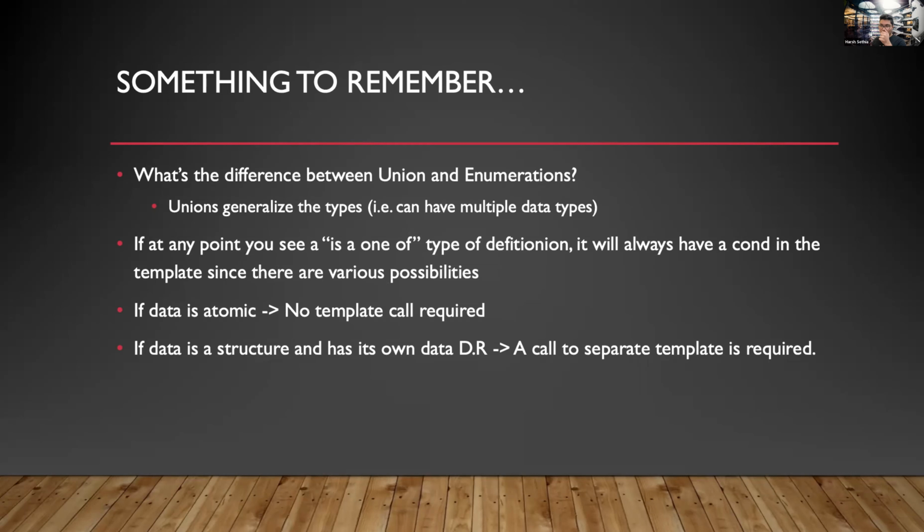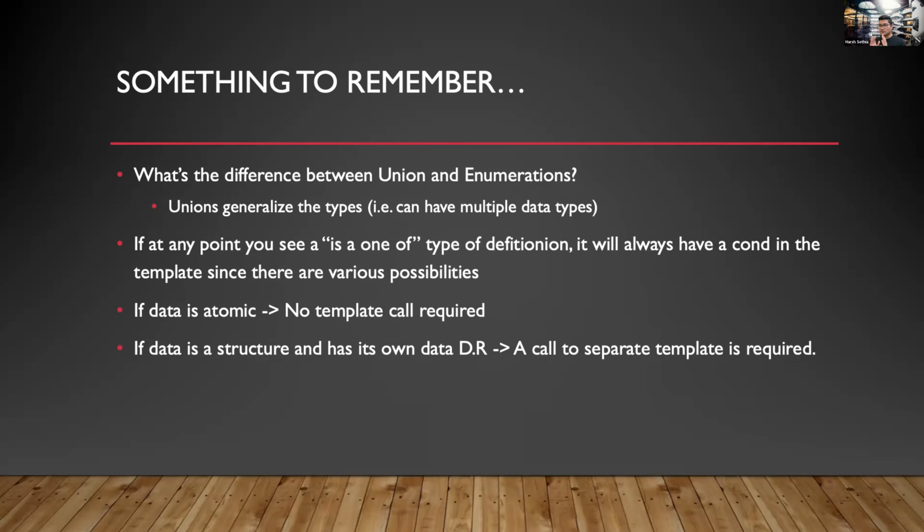But in a union structure, they generalize the types, which means you can have multiple data types. The reason employee is a union data type is because we have a salaried structure, an hourly structure, and a string. If at any point you see an is-a one-of type definition, it will always have a cond inside the template.